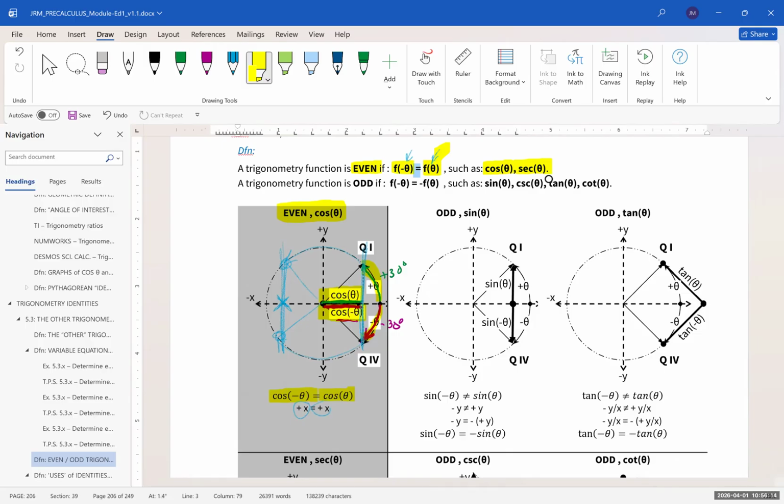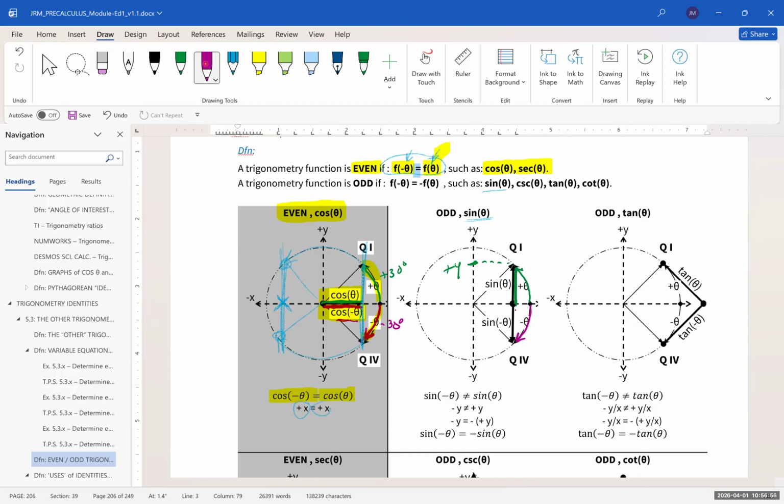Now, let's use this same test, but let's use it for sine, for example. Here's sine, and here we have a positive angle, and here we have a negative angle, just like we just did with cosine. If we take the sine of a positive angle, we get this value, which is going to be a positive y value.